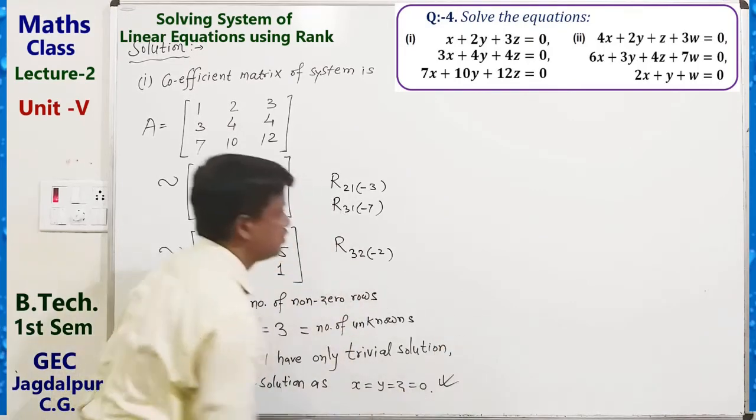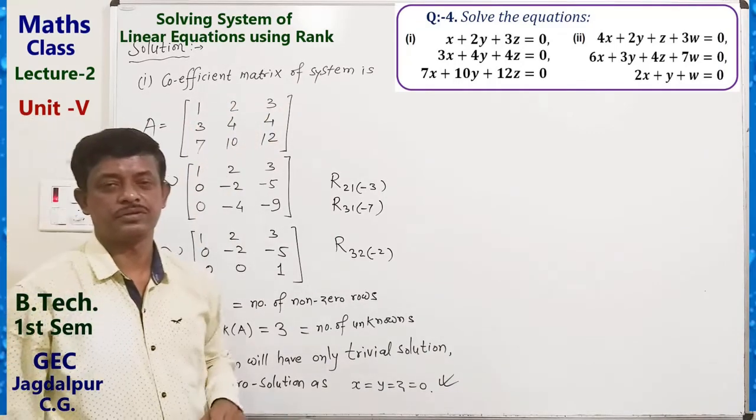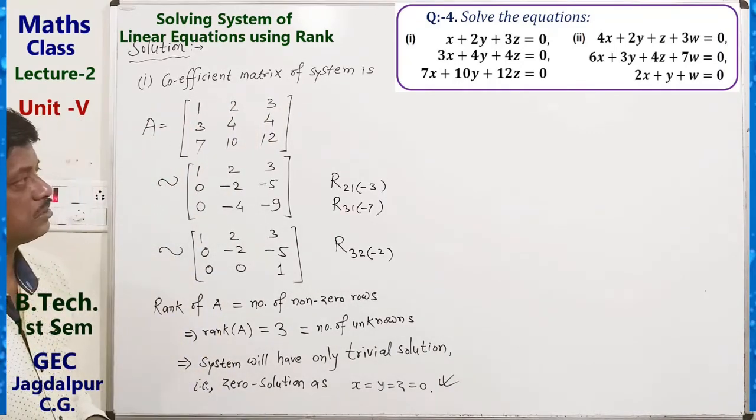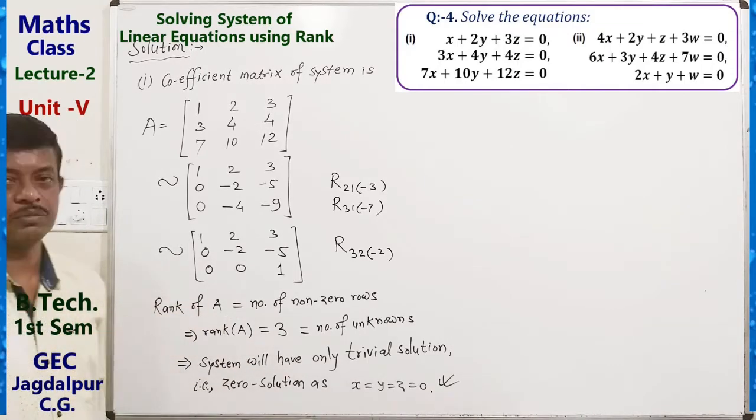So this is the solution. Clear? So the first system of equations will have only the zero solution, because the rank is equal to the number of unknowns.